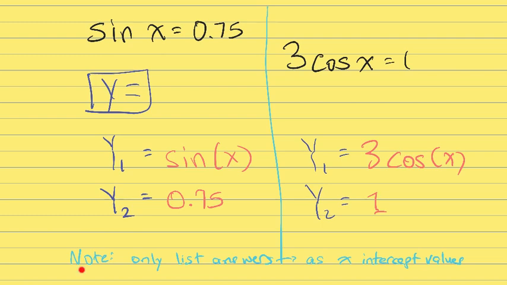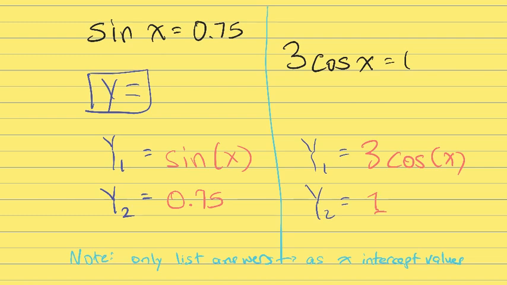I want to point out something here. See my note down here? It says only list answers as the x-intercept values, okay? So in the score key, they might have 4 or maybe 6 solutions listed, and it will only be what shows up as being the x value for that intersection point.